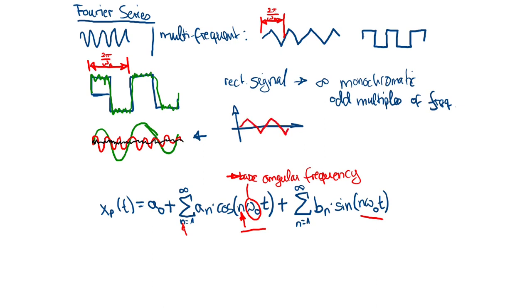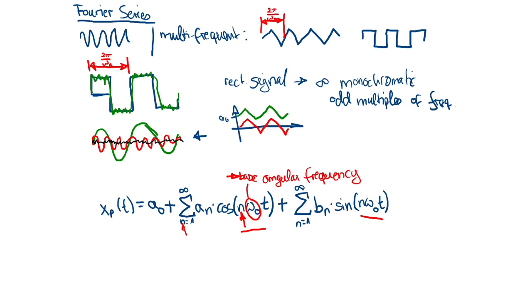The A0 term just shifts our function in y-axis direction. So this is 0. But now let's come back to the importance of the cosine and the sine function. The cosine and sine function are orthogonal.